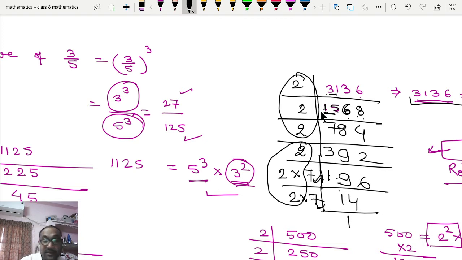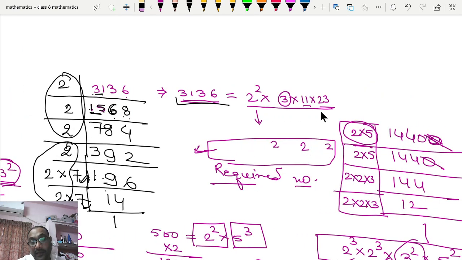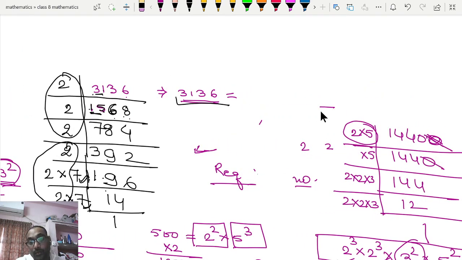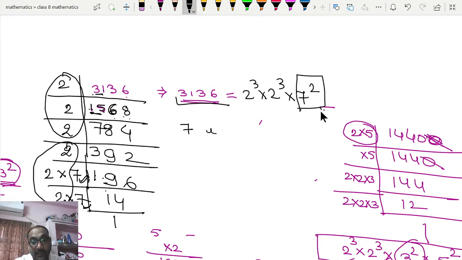Okay, one more 7 is needed. Understand? One more 7 is needed to make it a perfect cube. It is 2 cube into 7 square. So here one 7 is required.